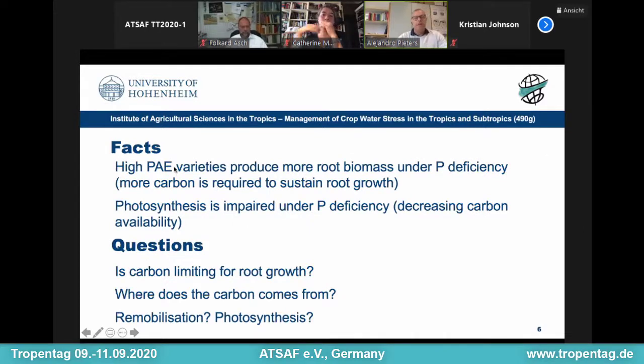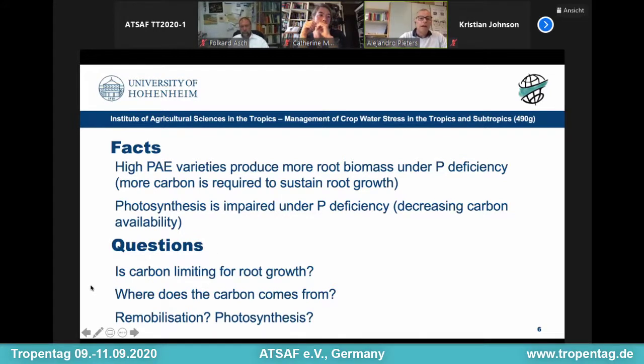So the facts, in a small summary, are that high phosphorus acquisition efficient rice varieties produce more root biomass under phosphorus deficiency, which means that more carbon is required to sustain root growth. However, this occurs on a background in which photosynthesis is impaired under phosphorus deficiency, therefore decreasing the carbon availability for general growth, not only for roots, but also for shoots.